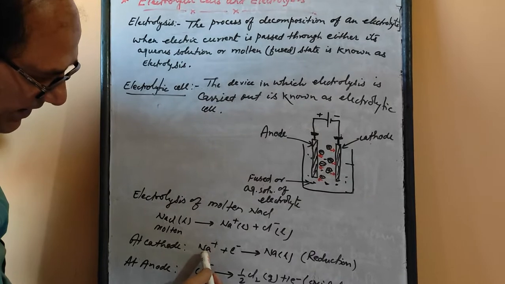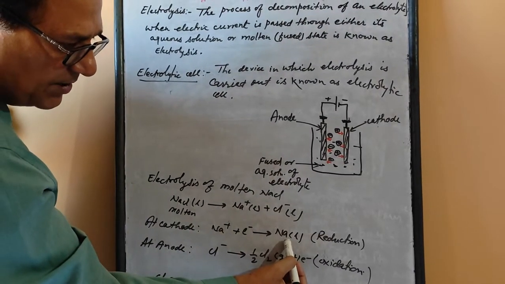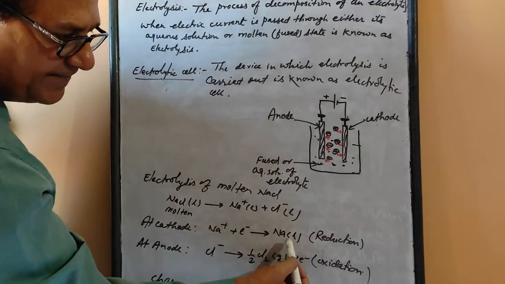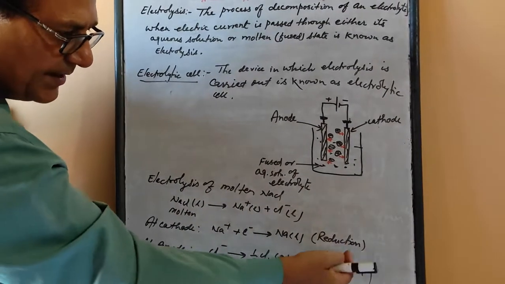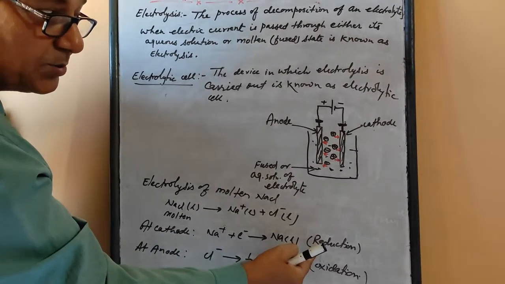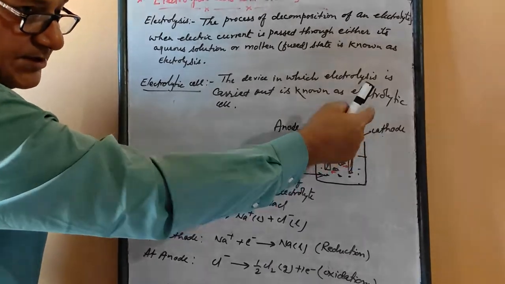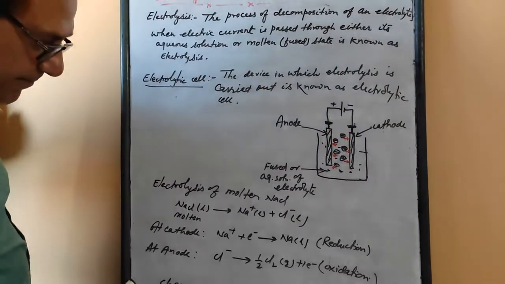So at cathode, Na+ comes, it gains an electron and is converted to sodium liquid, and this is reduction. It means the electrode where reduction takes place is known as cathode, and here cathode is negatively charged. It is just the opposite of the electrochemical cell.